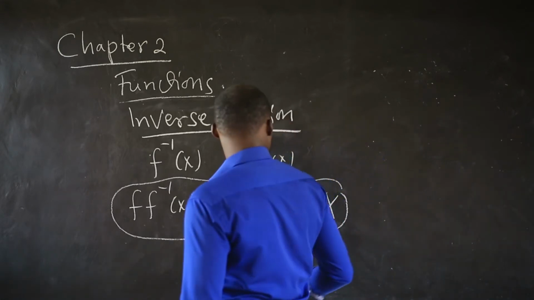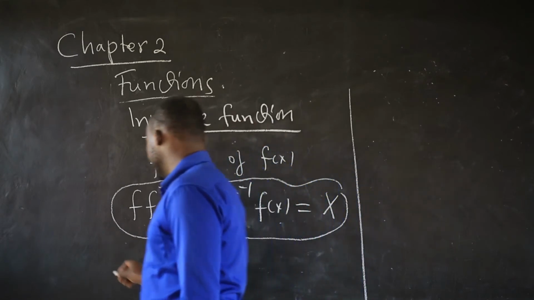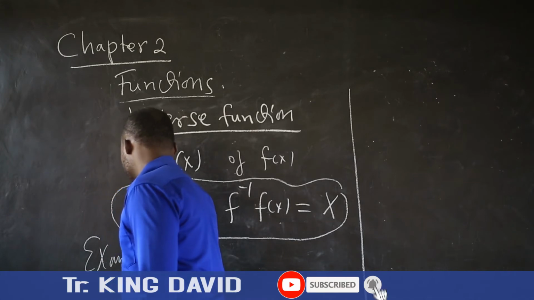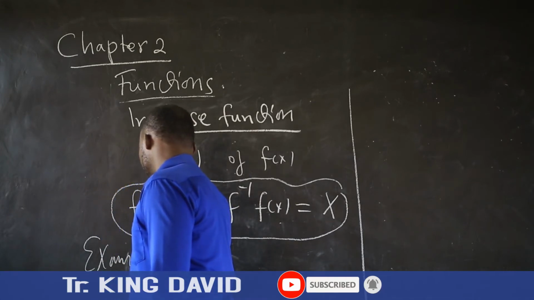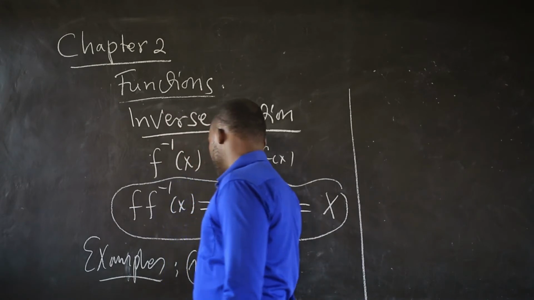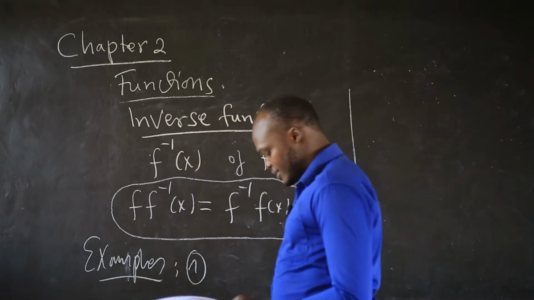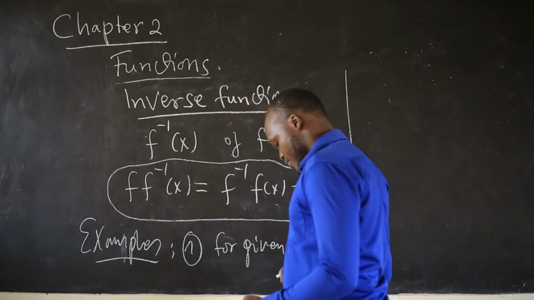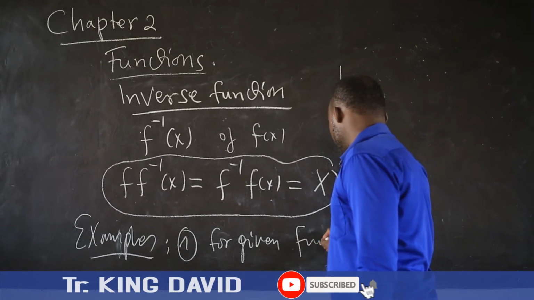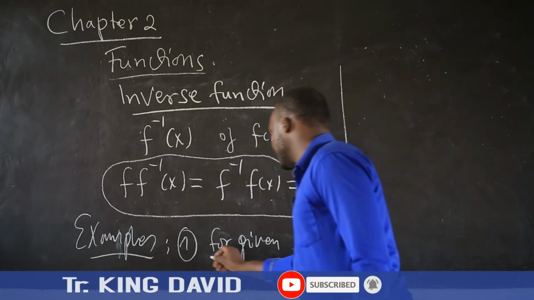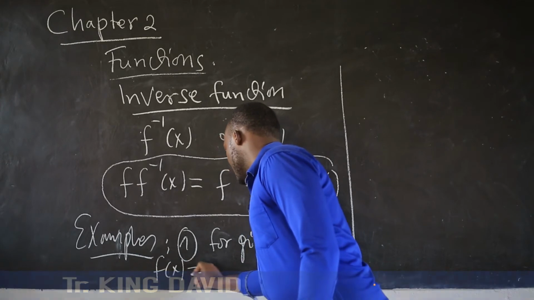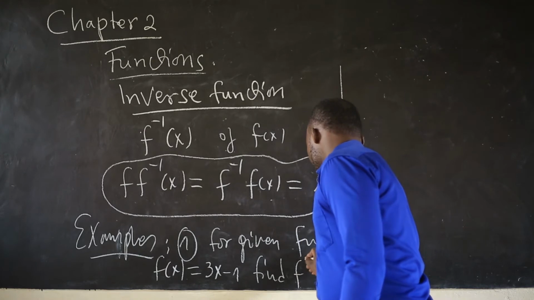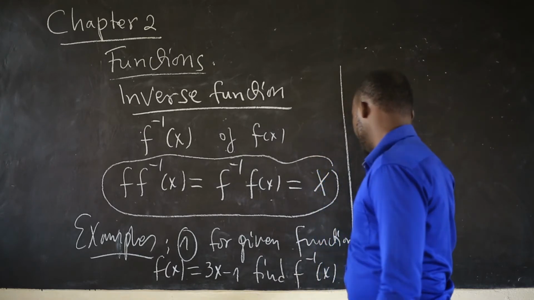So how can you find the inverse of the function? For example, how can you find inverse of any function? Let us see example number 1. Example number 1 is saying that for given function f of x equal to 3x minus 1, find f inverse of x.